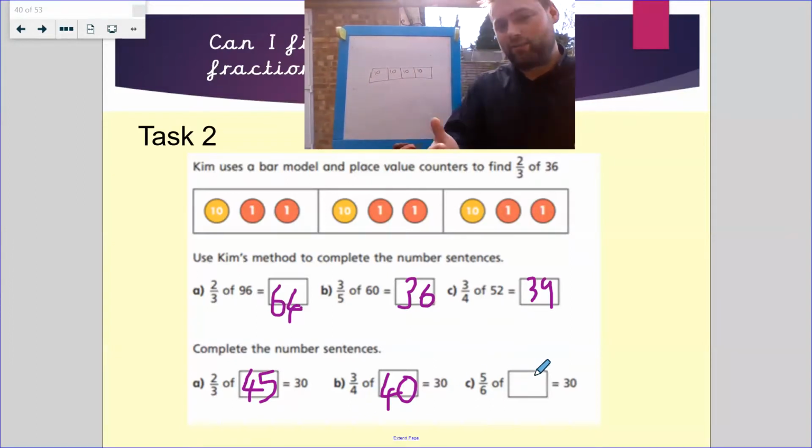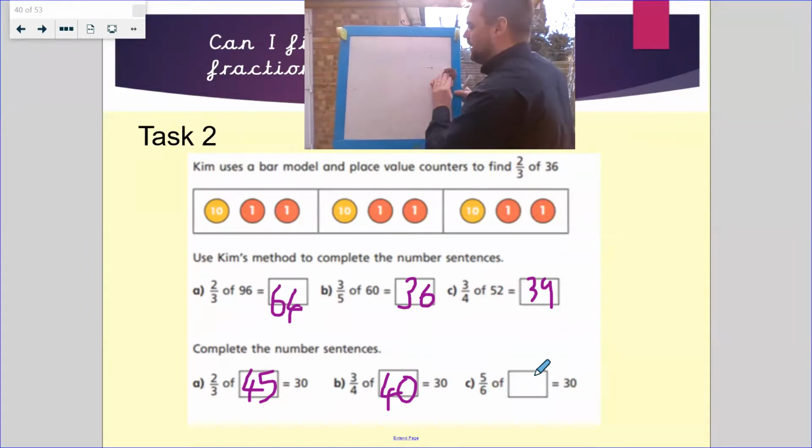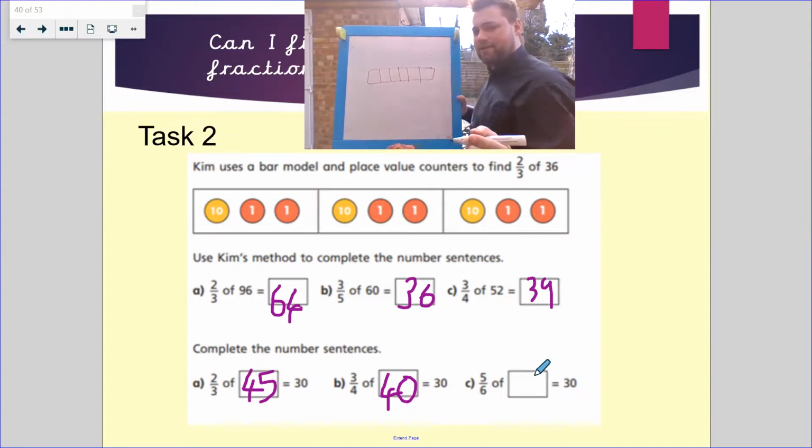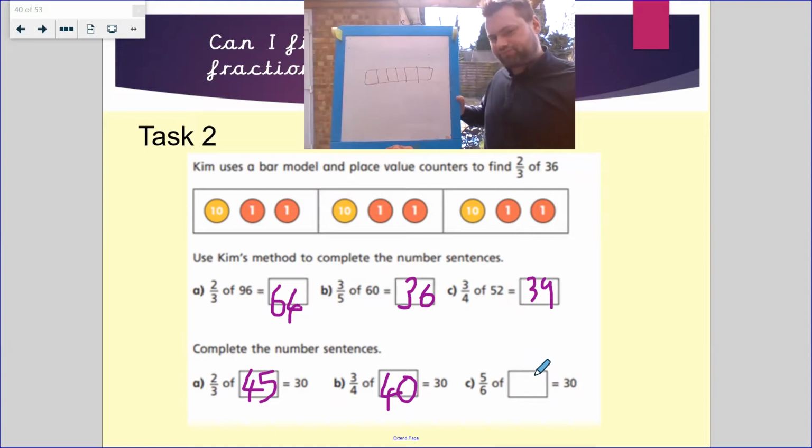And for the last one here, we split our bar into 6. 5, 6, and we've got 30 up to here. So how many do we need to have to get to 30 there? Again, we can do 30 divided by 5, which is equal to 6, and then 6 times 6 is equal to 36.